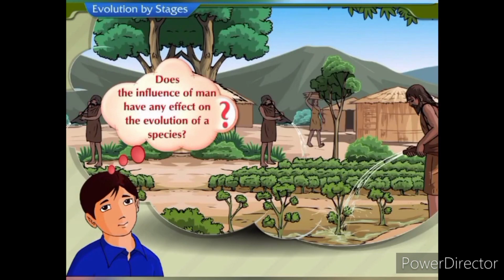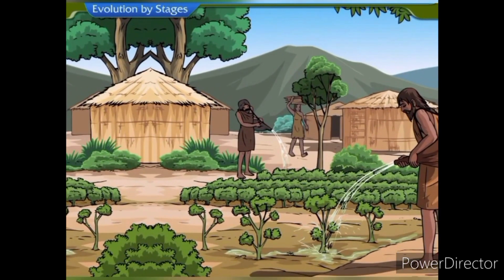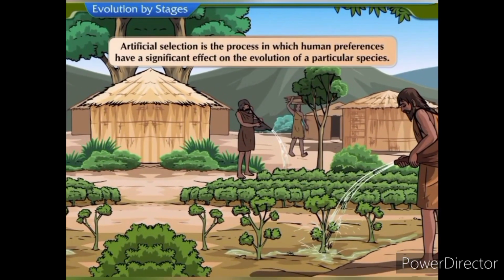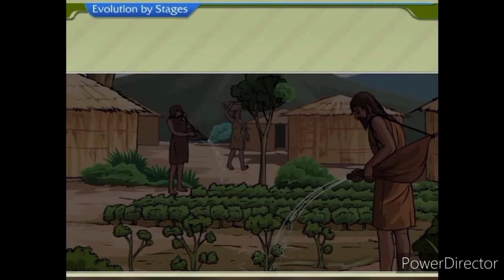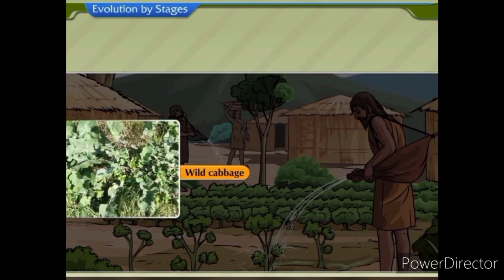Does the influence of man have any effect on the evolution of a species? Yes. Artificial selection is the process in which human preferences have a significant effect on the evolution of a particular species. For example, as observed in the case of wild cabbage.